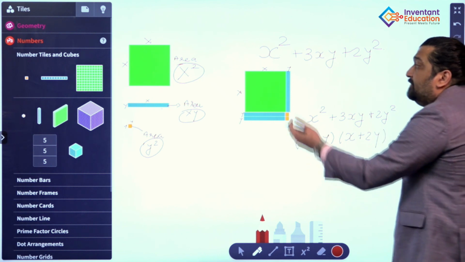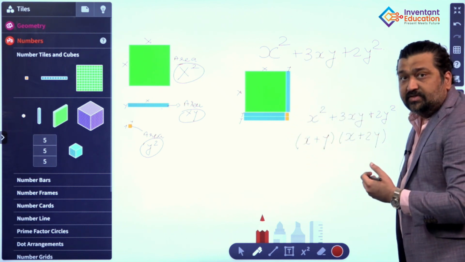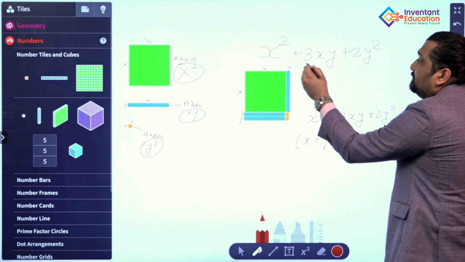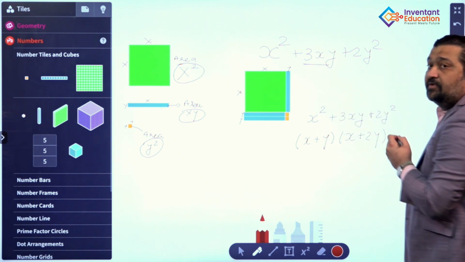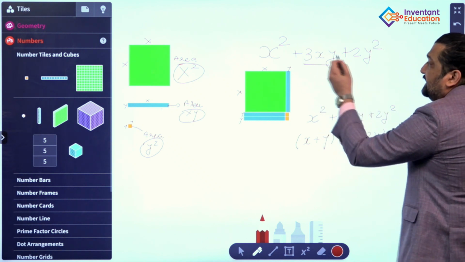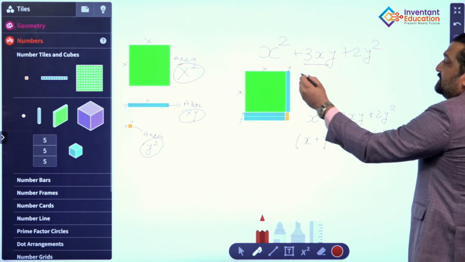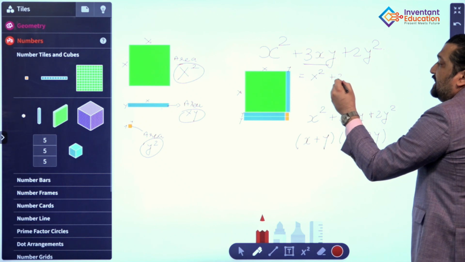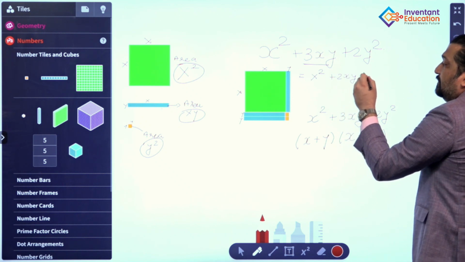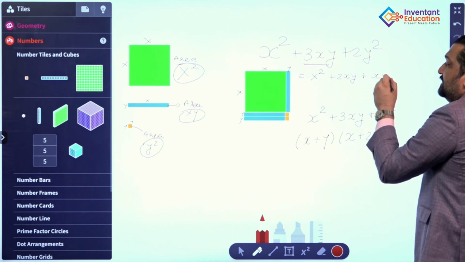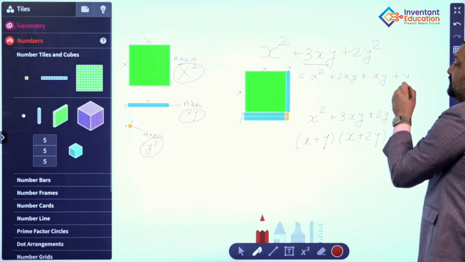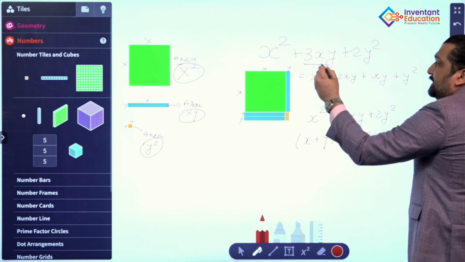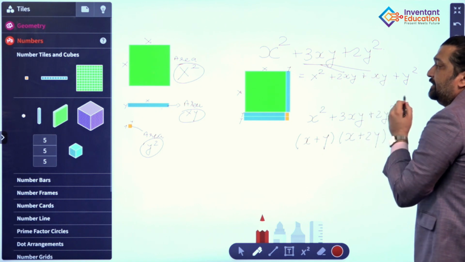Now when we teach the abstract concept, students have to split this middle term in order to factorize. So x square plus 3xy plus 2y square becomes x square plus 2 times xy plus 1 times xy plus y square. Now here we are splitting the middle term.